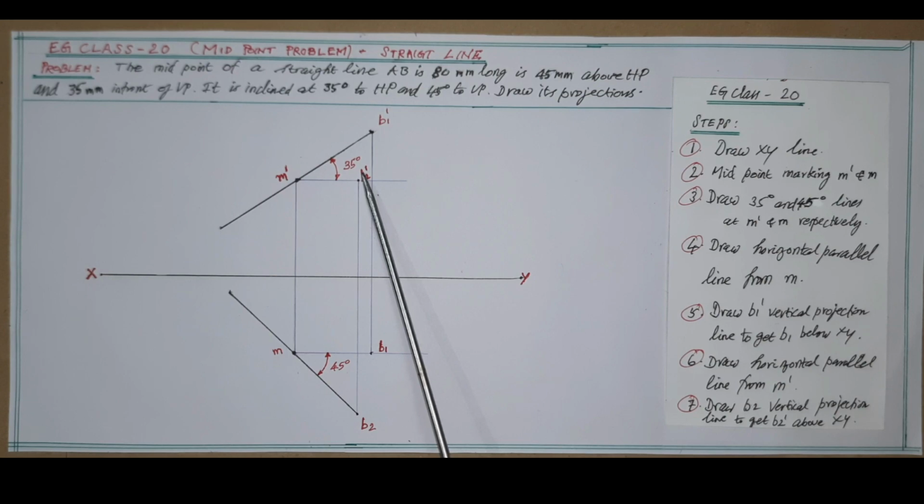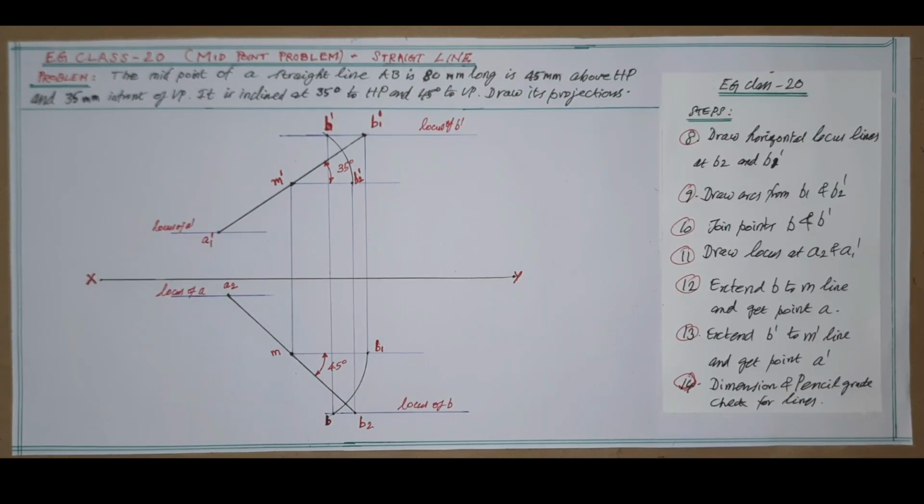In other problems also, the same procedure may be repeated. First you have to imagine and draw the lines, and then the final image should be obtained when the straight line is inclined to both the planes as given.